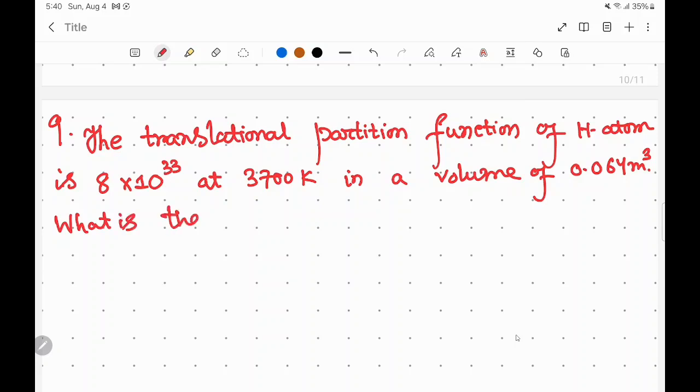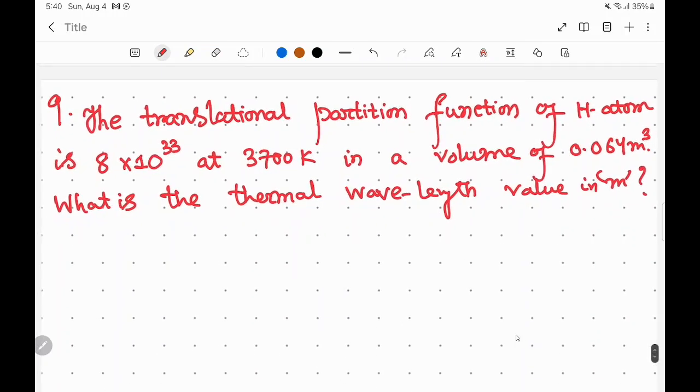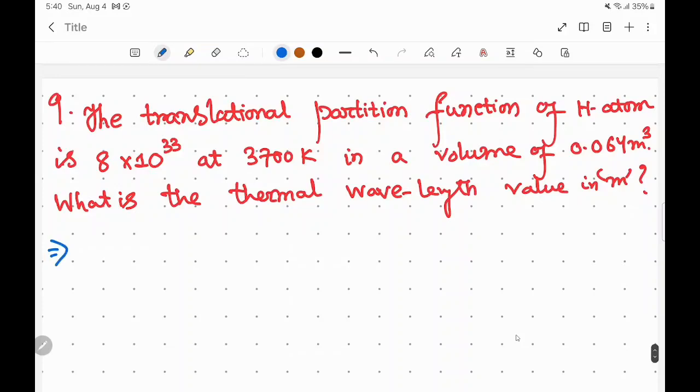What is the thermal wavelength value in meters? So it's totally formula based. You just try.